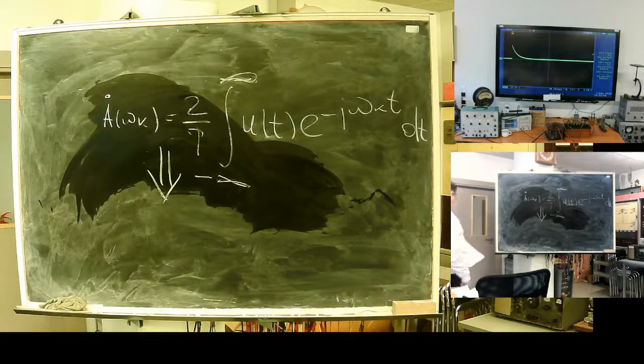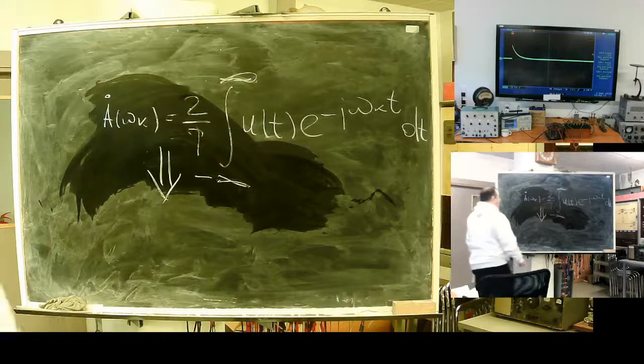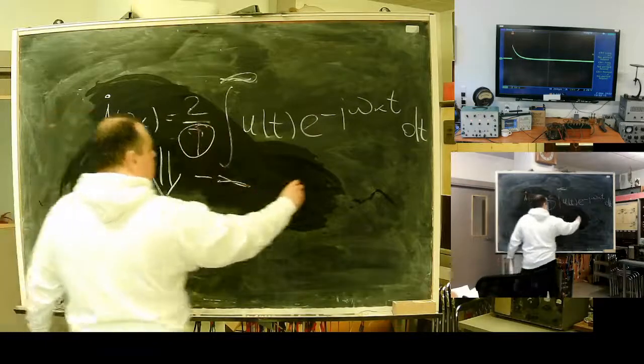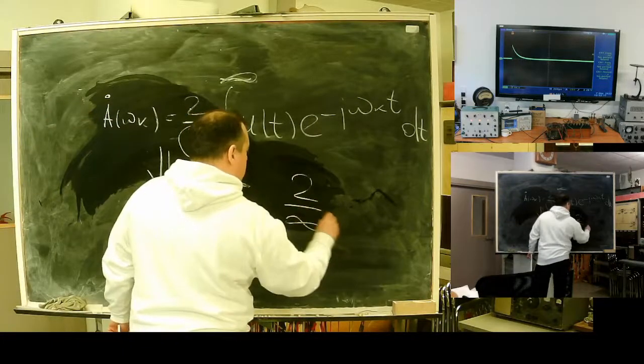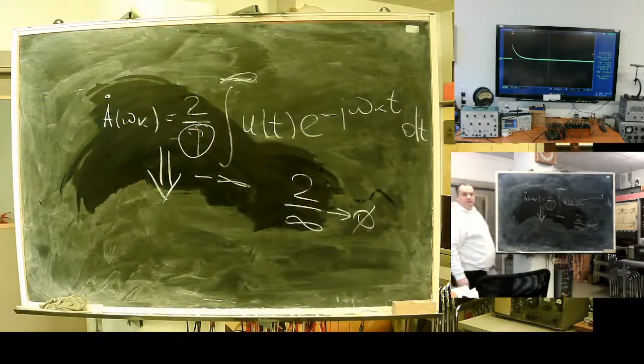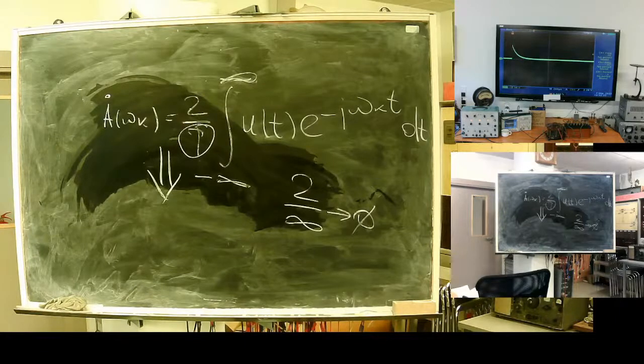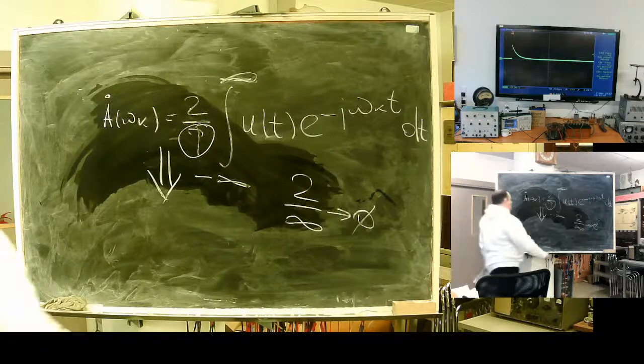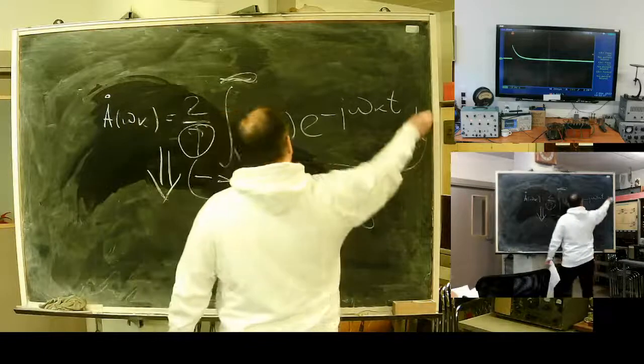Here, I have a tiny problem. 2 divided by infinity leads to 0. I will receive nothing. But wait a moment. I have all this part.